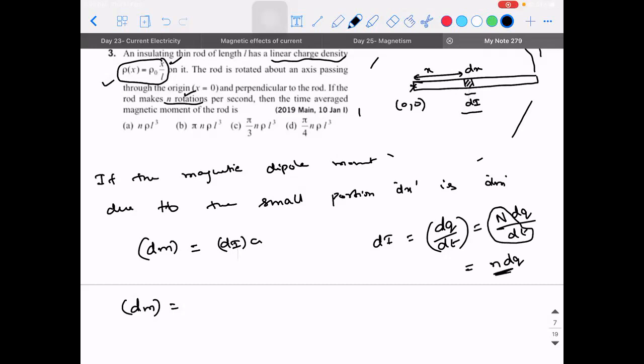So I can write it as small n into dq. So di is equal to small n into dq into A. I'll call this capital A. Any doubt till this step? I'm assuming it is clear.